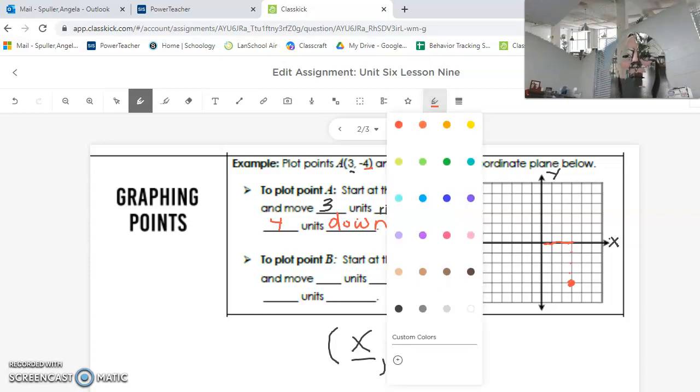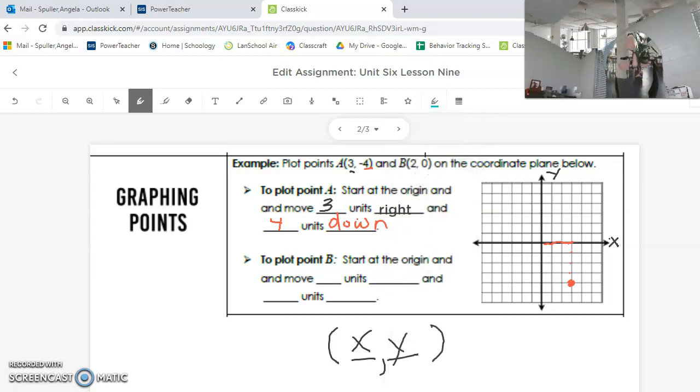All right, I'm going to pick another color so you can see it real well. B. B says 2. So I'm going to move 2 units, and it's a positive, so I'm going 2 lines over. So right again.